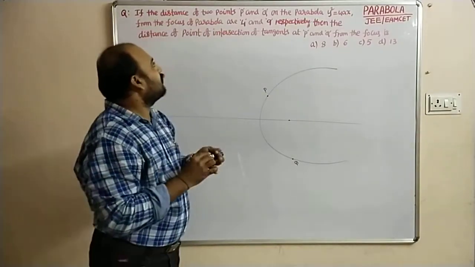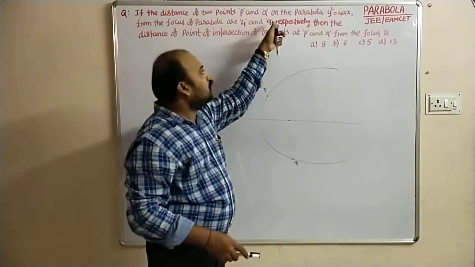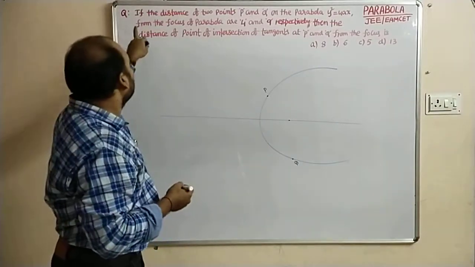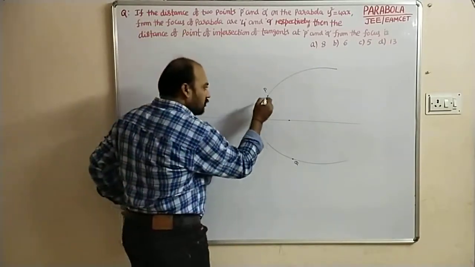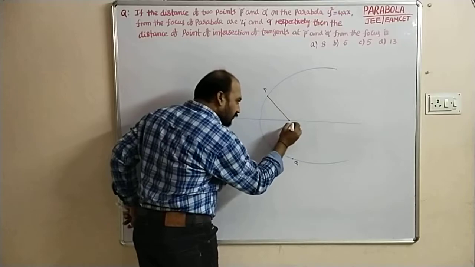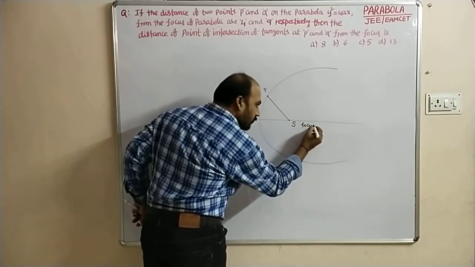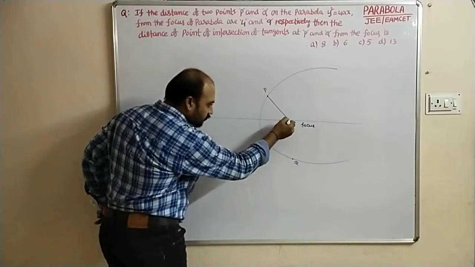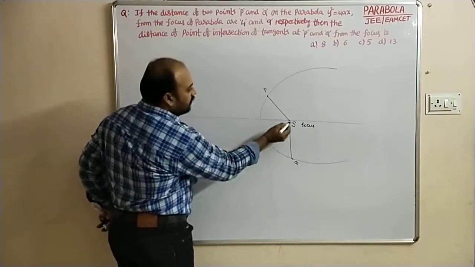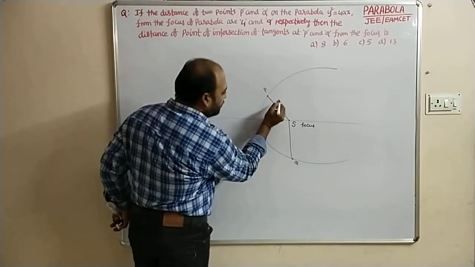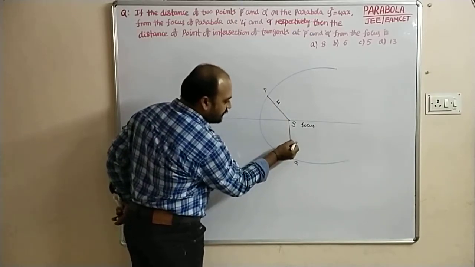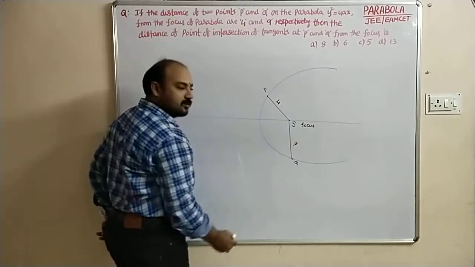If the distance of 2 points P and Q on the parabola from the focus, from here to here, it is the focus. From here to here distance is 4 units. From here to here distance is 9 units. They mention that.